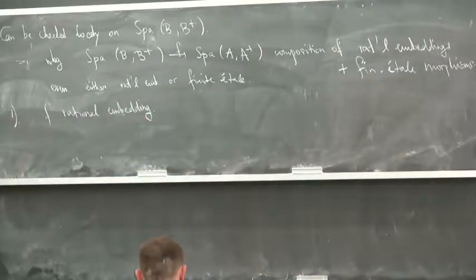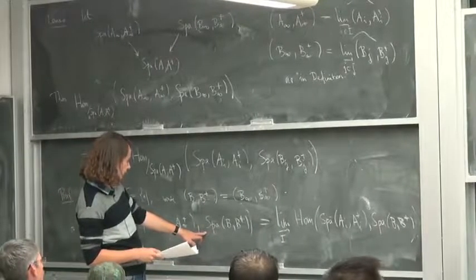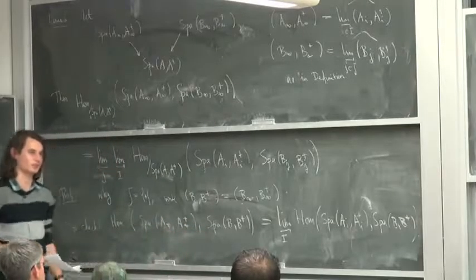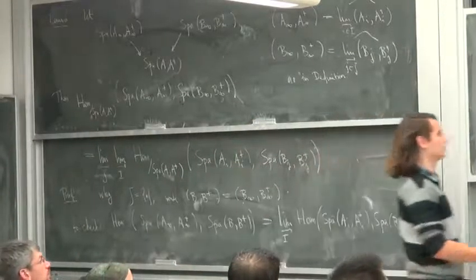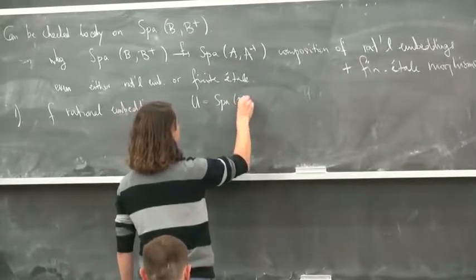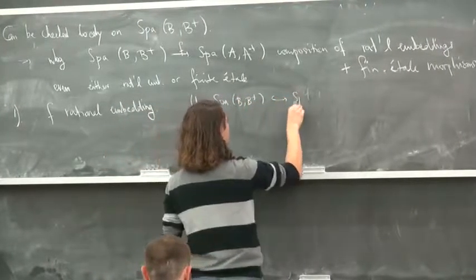So if F is an open immersion in particular, then the homomorphisms into Spa B, B plus are a subset of the morphisms into Spa A, A plus, and it's just the condition that it factors over this open subset U that embeds into Spa A, A plus.